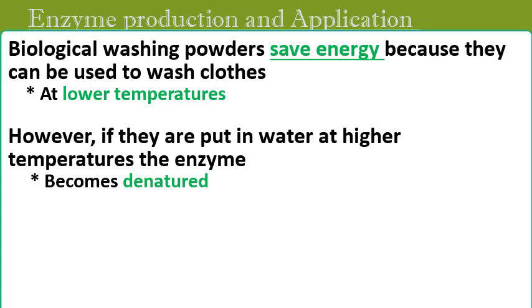So biological washing powders save energy because they can be used to wash clothes at low temperature and without boiling water. However, if the enzymes are put in water at high temperature, the enzymes become denatured and lose their effectiveness.